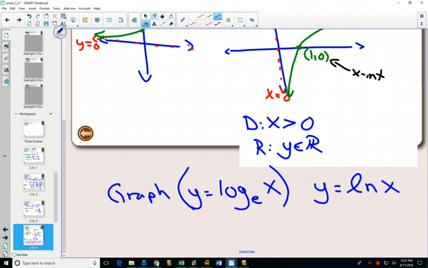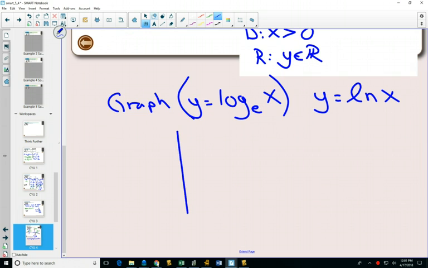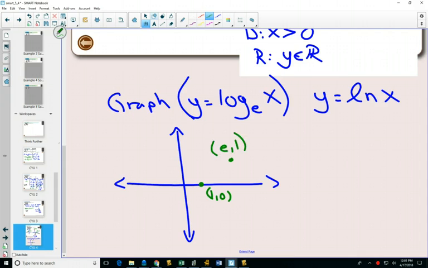So the natural logarithm, if we were to graph it, well, all log graphs have the point 1, 0. And with the natural logarithm, since the base is e, we'll have the point e, 1.